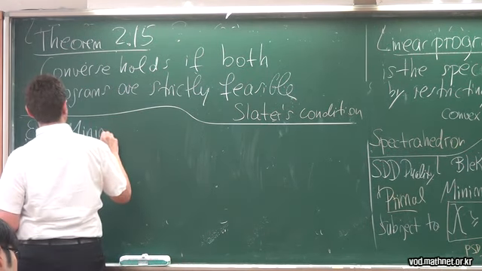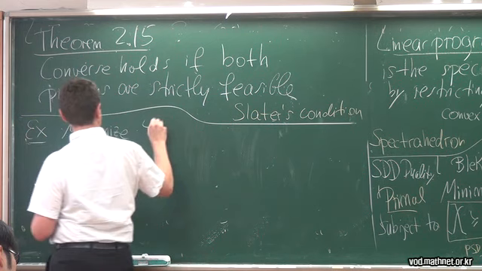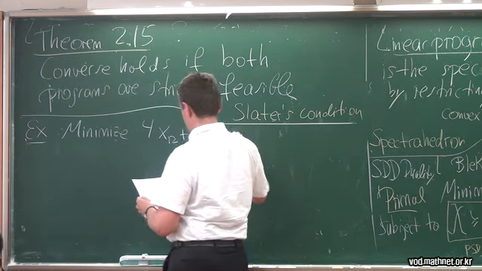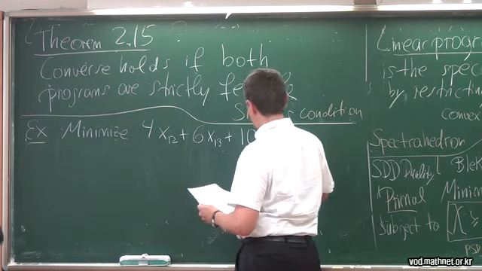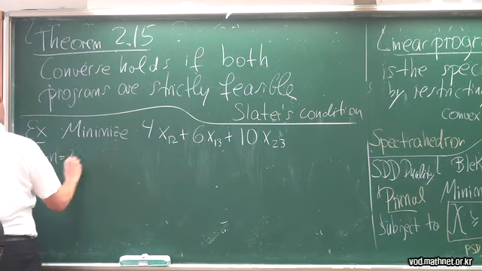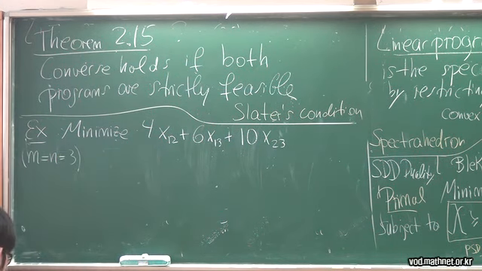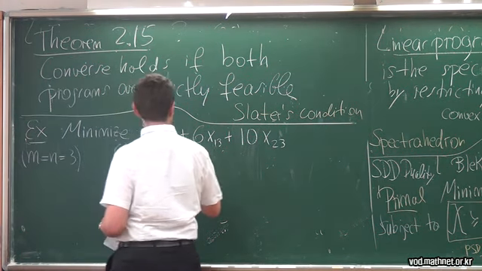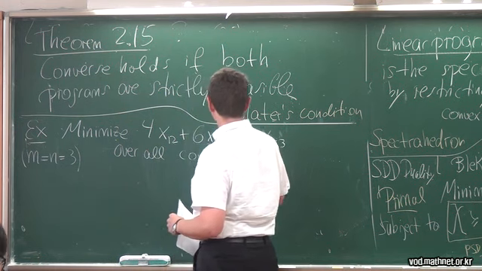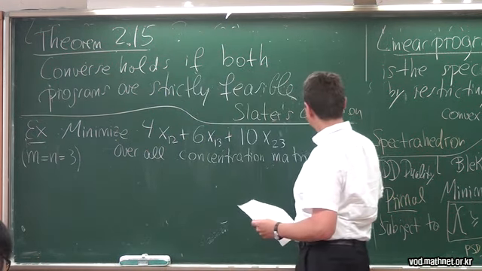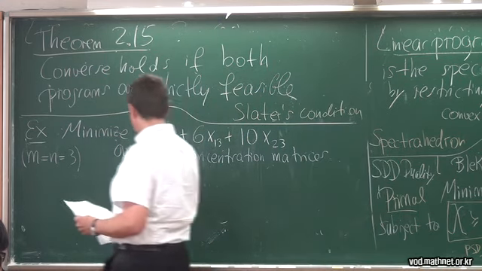Here is a problem. Minimize 4x12 plus 6x13 plus 10x23. So this is an example where m and n are 3. So 3 linear equations, and I'm working on 3 by 3 symmetric matrices. Overall matrices, I'm going to call them concentration matrices. So what's a concentration matrix?